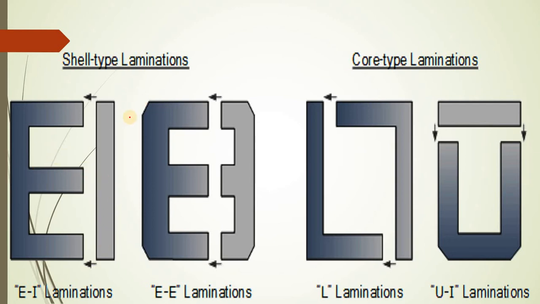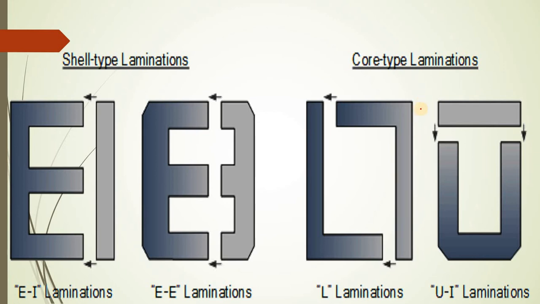Then the laminations of the core. The core is made up of different types of laminations. For a shell type transformer we require E-type laminations and I-type laminations, or sometimes E-type and E-type laminations, that is EE lamination.